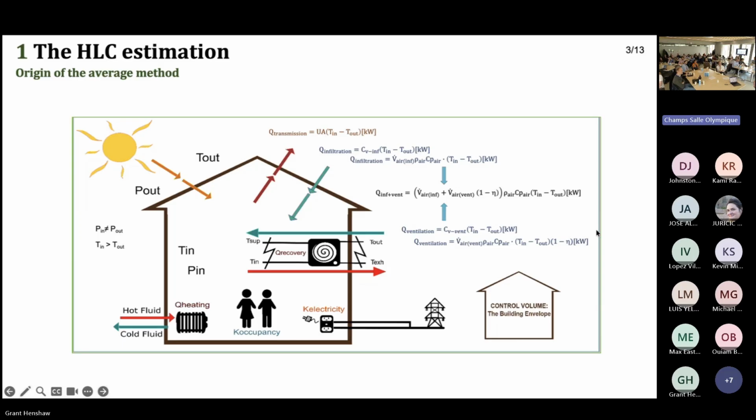Actually, you just take a building, assuming that the envelope is the control volume, and assuming homogeneous indoor temperature, homogeneous outdoor temperature, and, I know it's not constant, infiltration and ventilation heat loss coefficient, but assuming the UA value is also constant, you can make an energy balance.